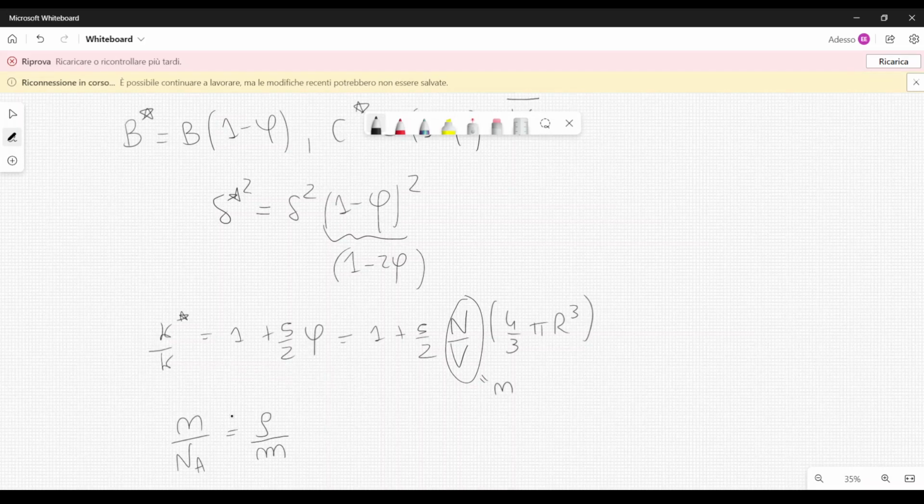This is the formula that Einstein uses, and then we can rewrite the formula above like this, so you can obtain Na times r cubed equal to 3 over 10 pi, m over rho, k star over k minus 1, like this. Let me rewrite it properly.